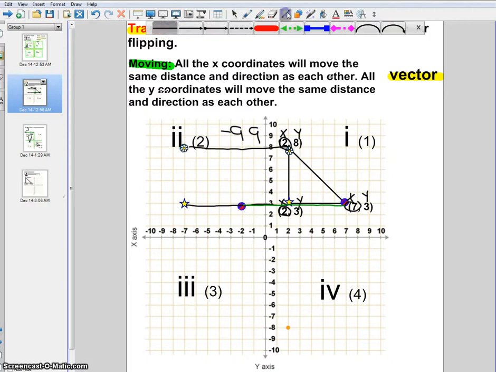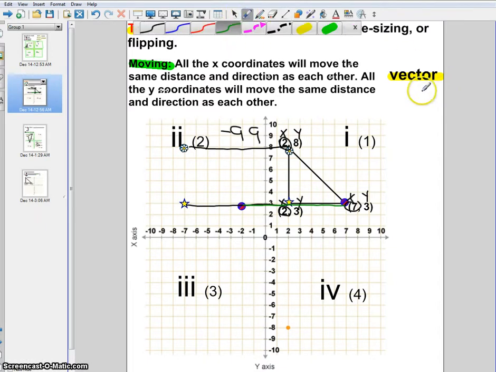Now, because I've moved every x-coordinate pair 9 units, I have almost translated it fully. I would have to do something with the y-coordinate units, right? Well, let's say I said I was going to create a vector.